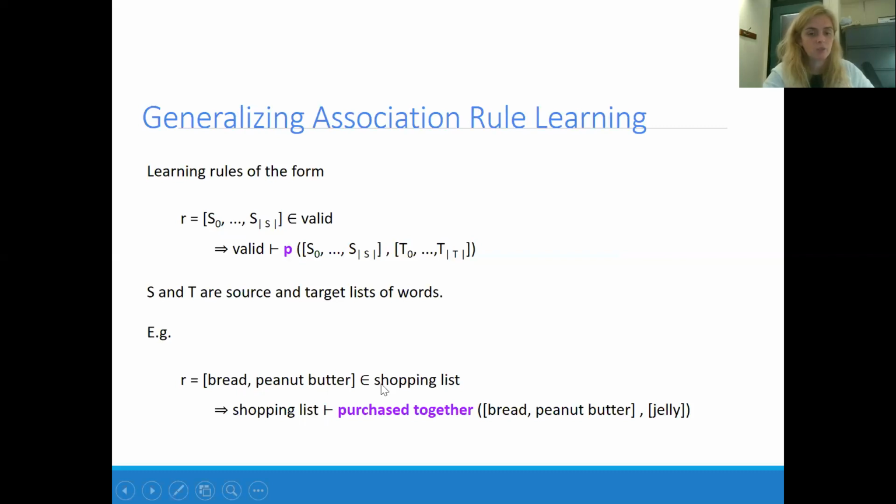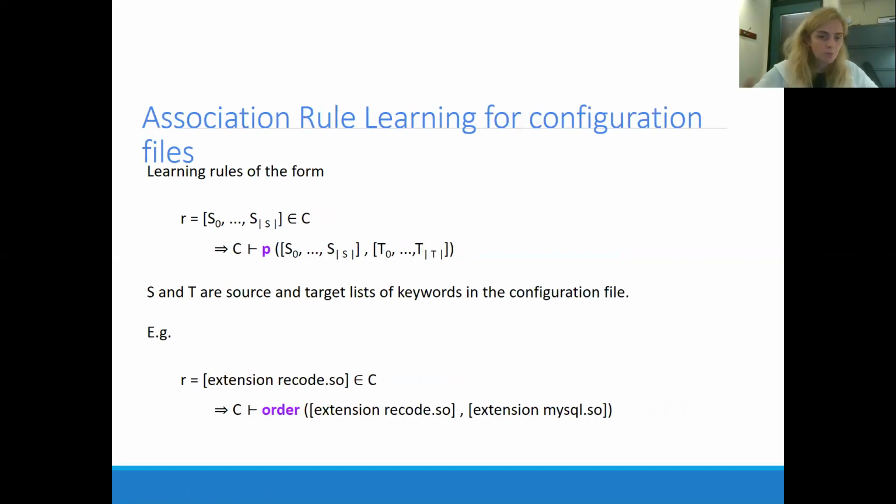So for example, if you had a purchase together predicate, then peanut butter and jelly would probably come together with the same predicate. And going back from shopping carts to the configuration files, we want to learn predicates that are relevant for configuration files, namely that are relevant for the list of templates that we have in our template database.